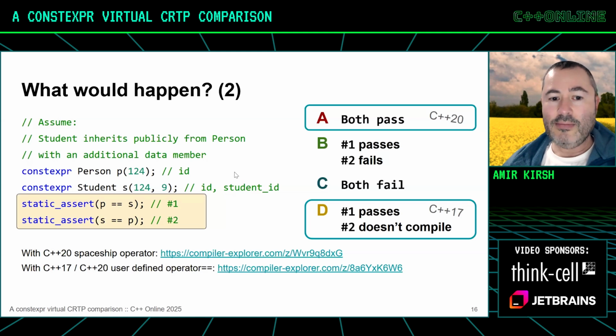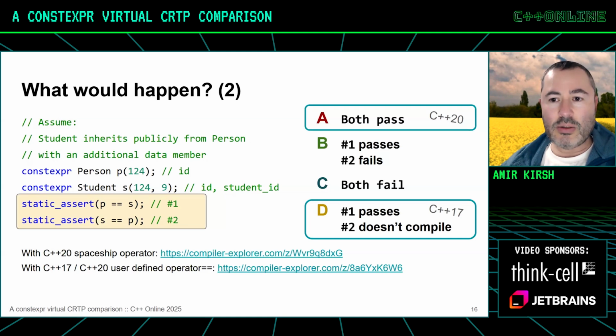But in this case, they do not share the exact same attributes. Student adds something. In C++17, by the way, when I say C++20, I mean in both cases, either you implemented equality or you rely on a default equality or default spaceship operator.